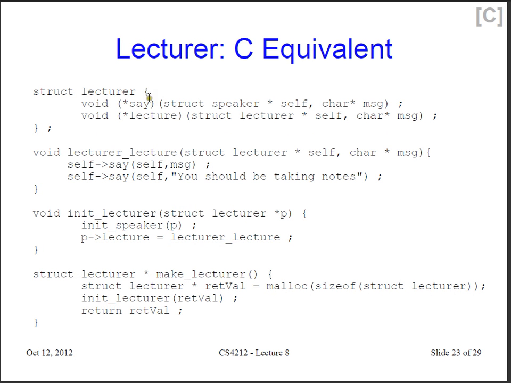So let's move on to the lecture. The trick that we're going to employ here is the following. We're going to declare the lecturer in such a way that the older speaker is a prefix of the lecturer, and the definition of C guarantees that the fields of a structure will be stored in the same order, meaning that now if I take this lecturer and I turn it into a pointer to a lecturer, I convert it into a pointer to a speaker, right?